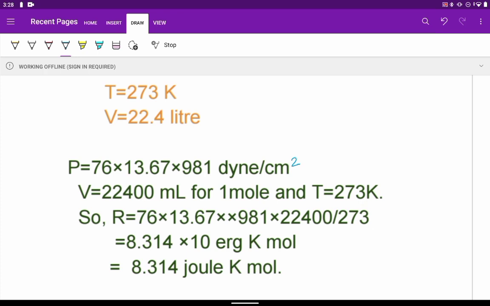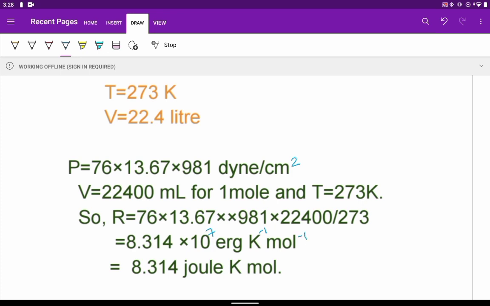Then putting all the values, here also we get R: you multiply pressure into volume and divide by temperature. Here we get 8.314 into 10 to the power 7 erg per Kelvin per mole.